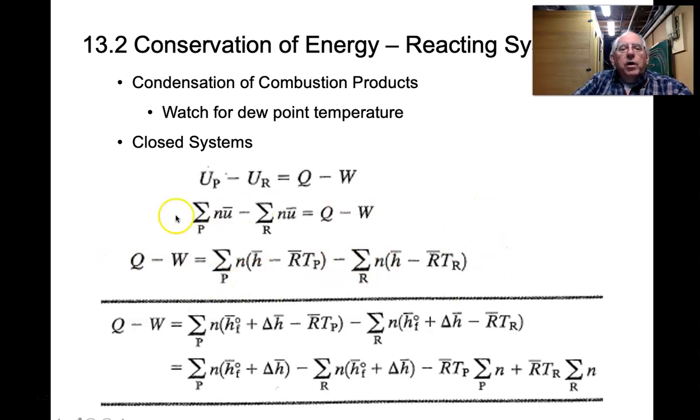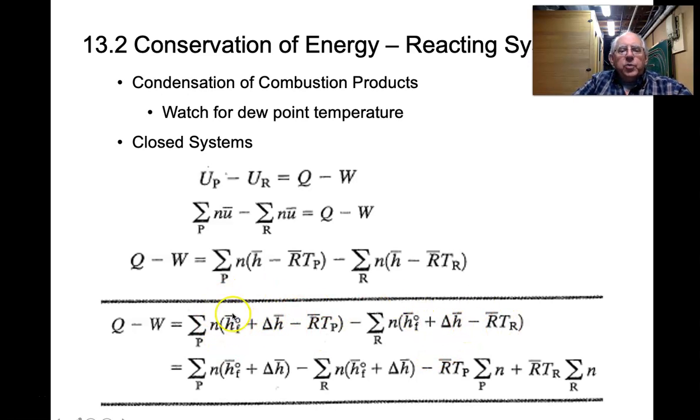And so for a closed system, the heat transfer and work would be related to the differences between the reactants and the products, but now it's the enthalpy minus an additional term. And since this enthalpy is related to the heat of formation and the delta H, as we saw before, this equation here should be looked at in terms of this particular condition.